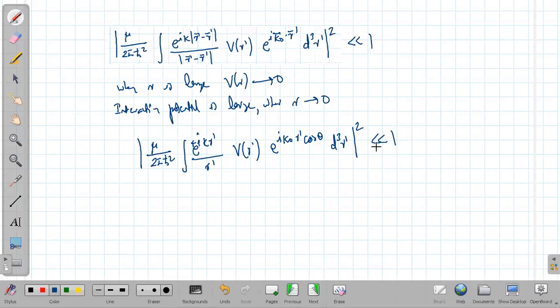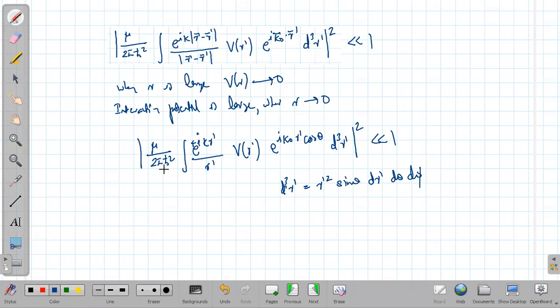That would be much less than 1. Again, we can expand this d cube r prime. d cube r prime can be written as r prime square sine theta dr prime d theta d phi, and the integration over phi simply becomes 2 pi. So that can be connected.